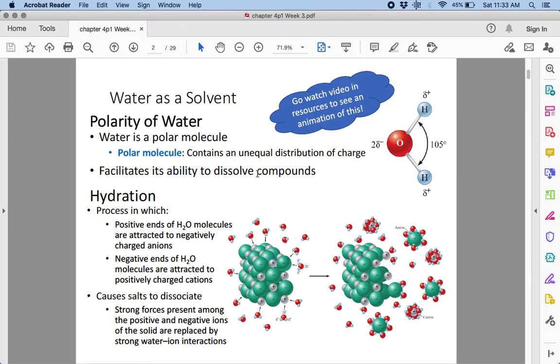When something dissolves, for example, sugar, right? This is a covalent compound, C6H12O6. We know sugar dissolves in water, but what ends up happening is the sugar, like the cube of sugar that you throw in water, that's a crystal structure of a whole bunch, moles and moles and moles of sugar molecules hanging out together.